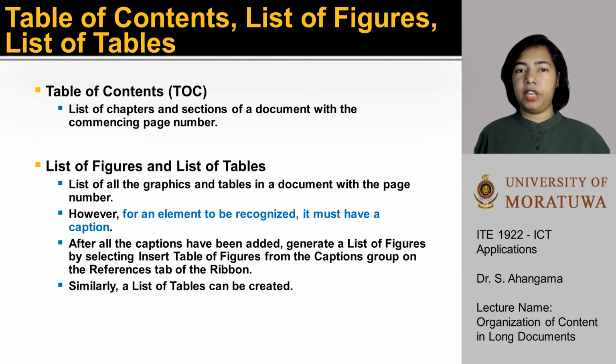Then if you have figures or tables, then you can create separate list of figures and list of tables. List of all the graphics and tables in a document with the page number would be mentioned in the list of figures and in list of tables.